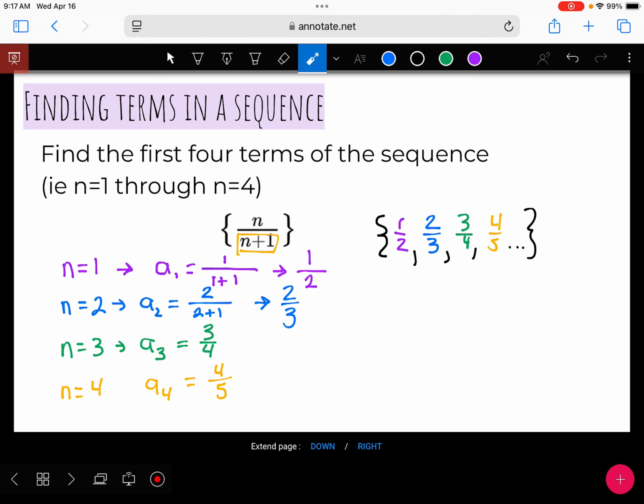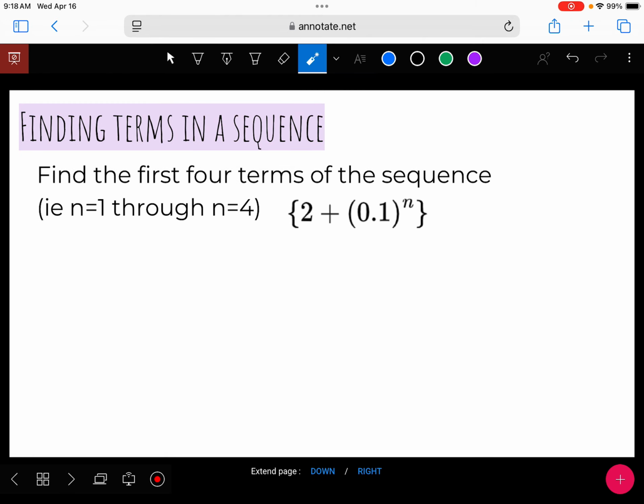So let's look at another way that we might see a function rule. That's what we did. We found our first 4 terms in the sequence. I'm going to give us a different rule, but the same instructions, the first 4 terms. They're not always going to be pretty. So we're finding our first 4 terms in the sequence for 2 plus 0.1 to the power of n.